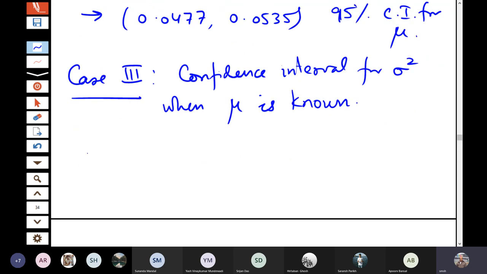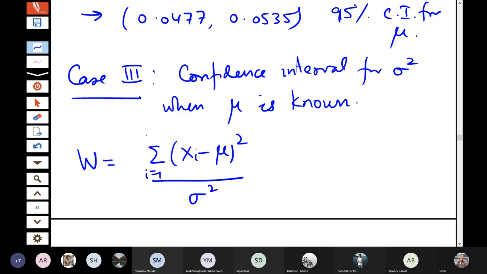So in this case we will consider W is equal to sigma (xi minus mu) square by sigma square. That follows a chi-square distribution on n degrees of freedom.